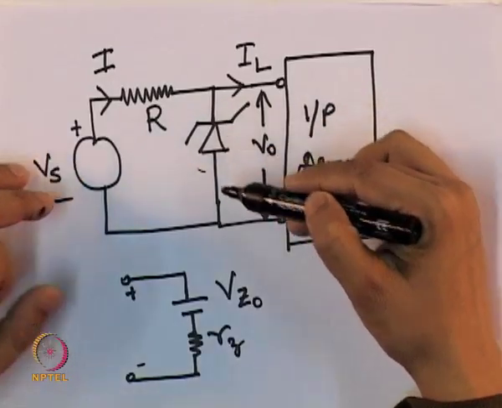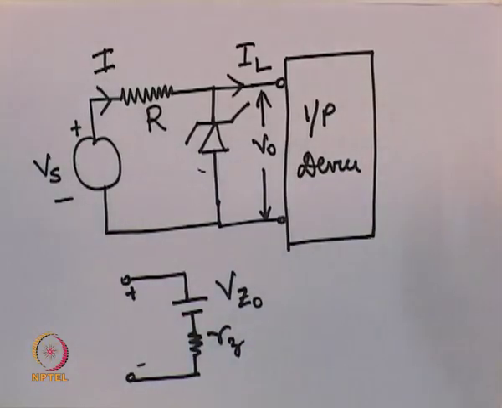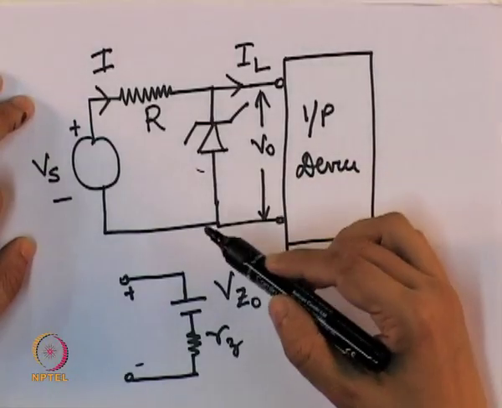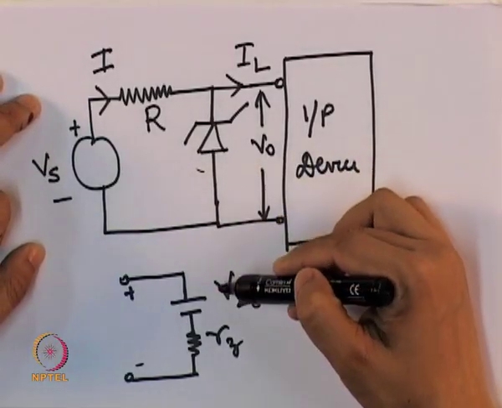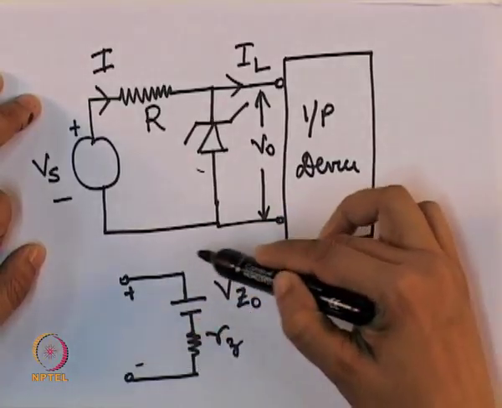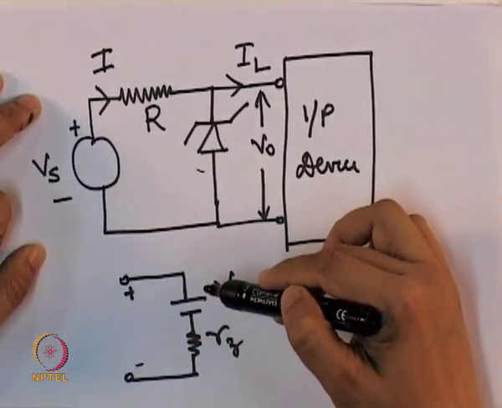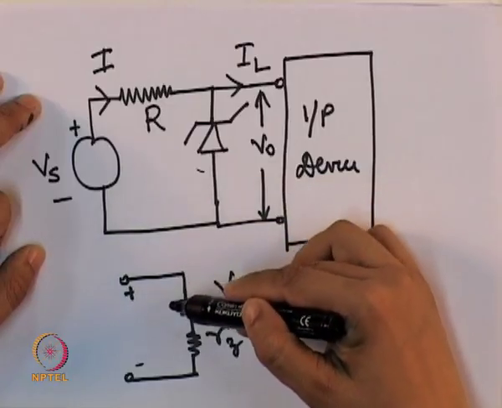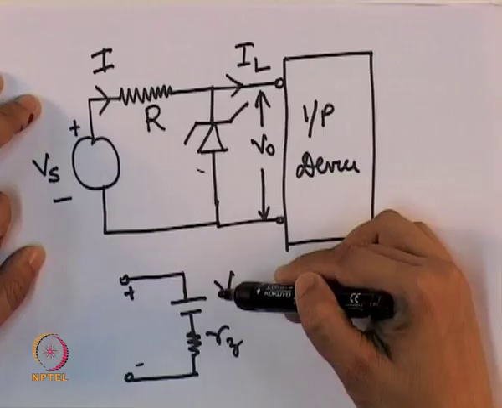Please do not confuse it with the forward biased threshold voltage of a normal diode. When I say more negative than VZ0, because for example, if I give this circuit diagram, it almost appears as if it has to be more positive than VZ0.